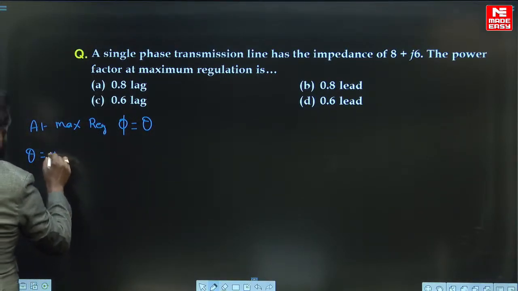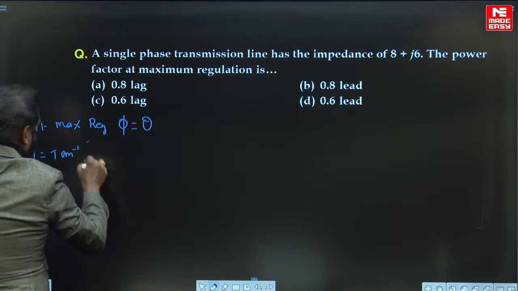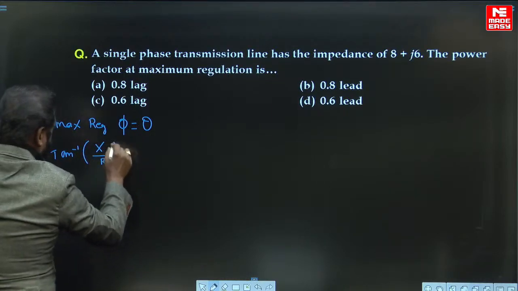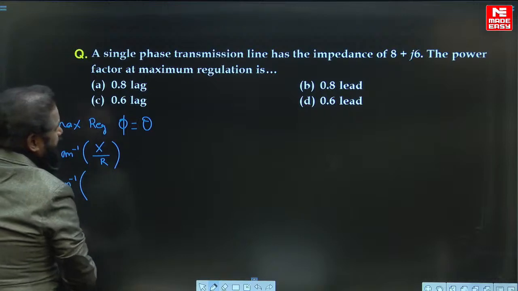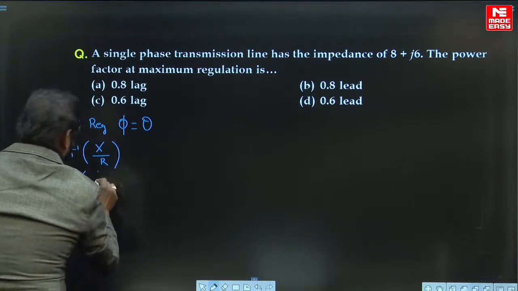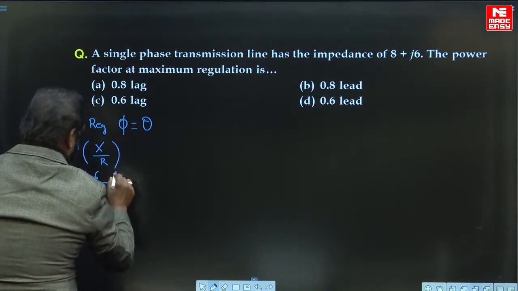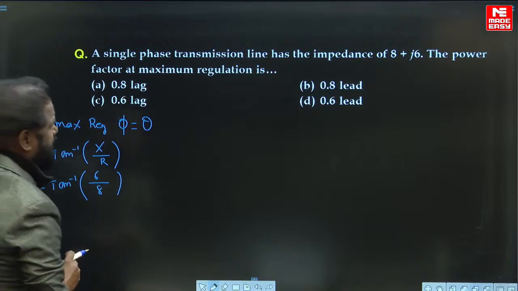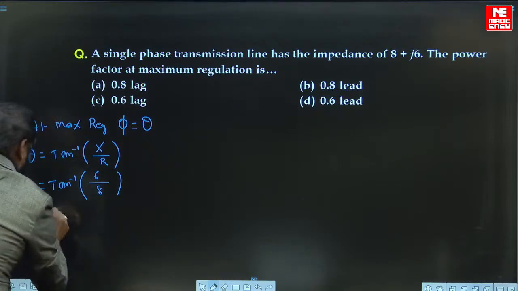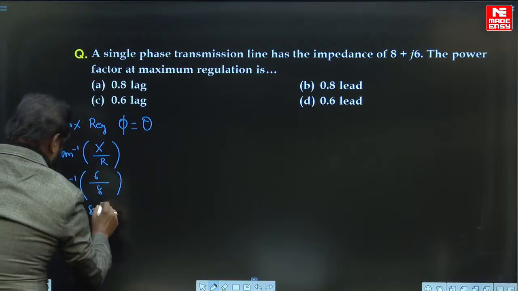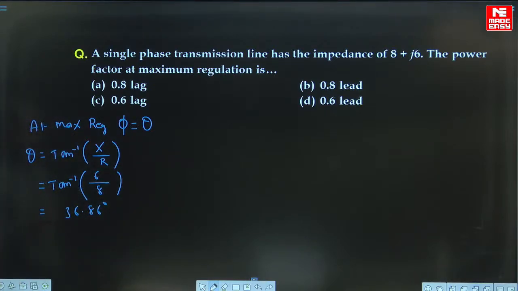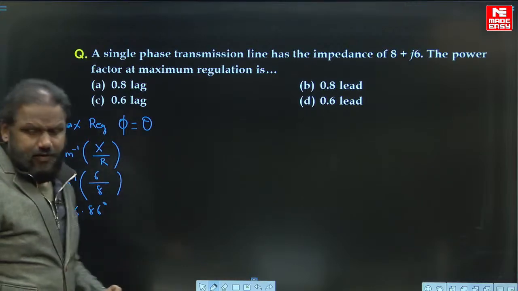Theta equals tan inverse of X by R, which is tan inverse of 6 by 8. This equals 36.86 degrees.